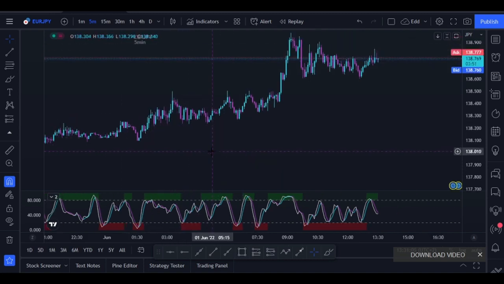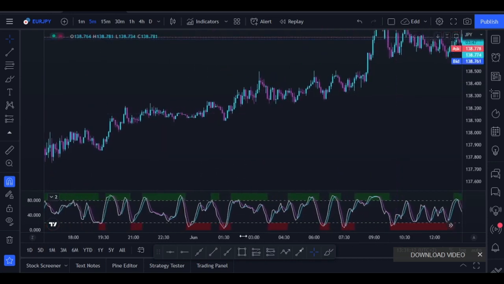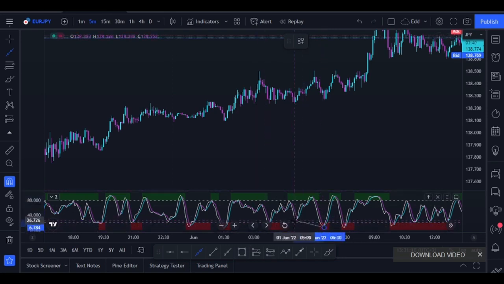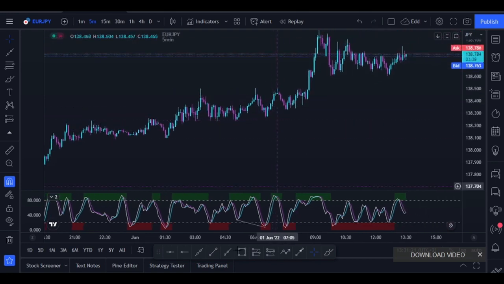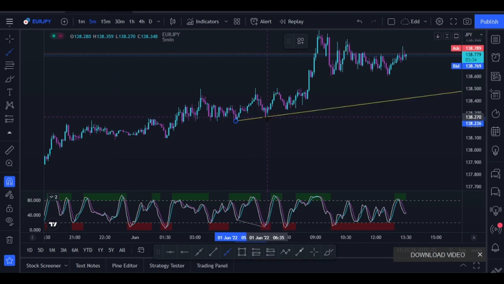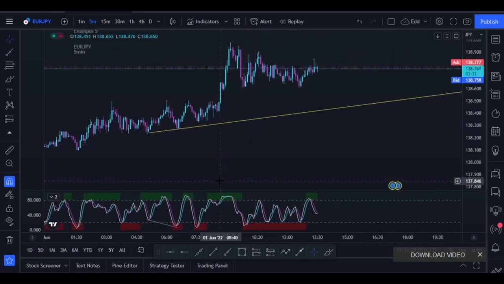Was here. I saw divergences. I can see so many oversold zones here, so I drew my divergences from here to there. That was the divergence. Let me draw that also on the chart. Here to there, that's a divergence.